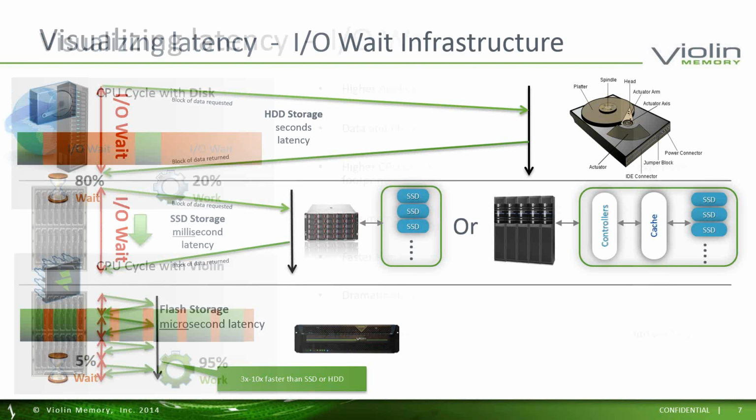And what you see at the server, at the host level, is that if 80% of your time is being spent in I/O waits, then the CPUs are just dormant. They're just waiting. Whereas Flash takes that paradigm and shifts it from horizontal to vertical, and say now 5% of your time is spent in I/O wait. And that makes your CPUs a lot more efficient.